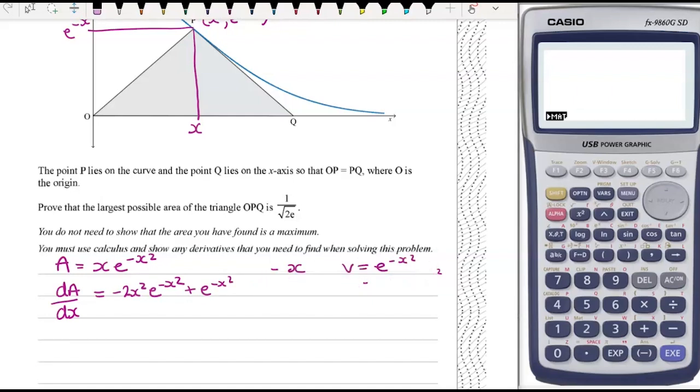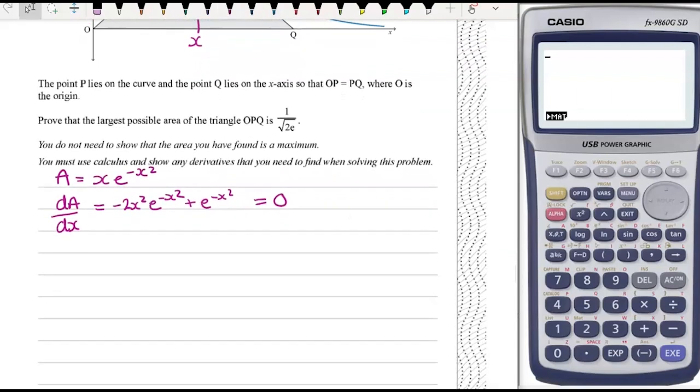Just erase that so we can use that space, because now we're going to set that equal to 0 to find the maximum. Let's take out a factor of the e portion like I've shown you before. We'll have minus 2x squared plus 1 is equal to 0. This bit here can't be 0. So therefore minus 2x squared plus 1 equals 0.